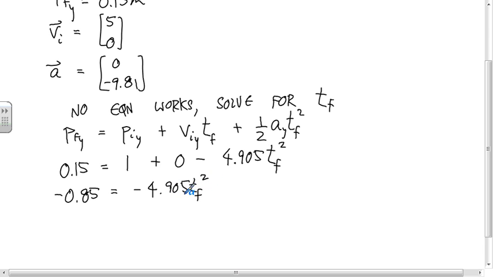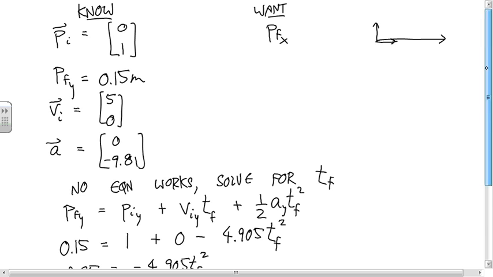And then you're going to take the square root of it. Did you calculate it? What is it? 0.416. Oh, you already calculated TF. Right. Okay. So if you solve this, you get TF is equal to 0.416 seconds.